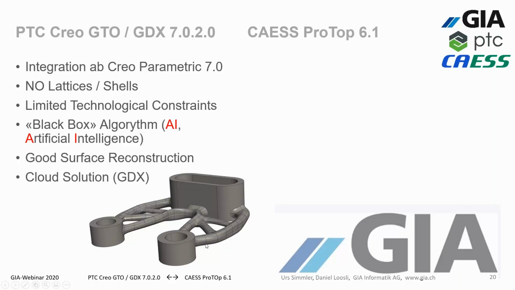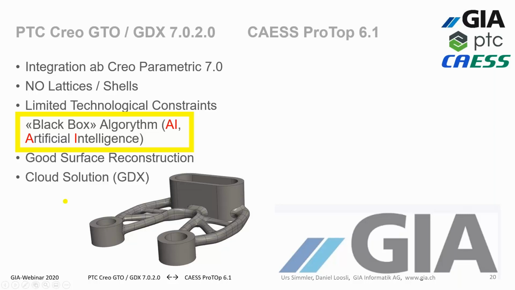A little bit hard is it to find any information about the technology behind this Frustum solver. For me it's a little bit of a black box algorithm. PTC is talking about artificial intelligence, but you find nowhere any documents about what's behind that one.